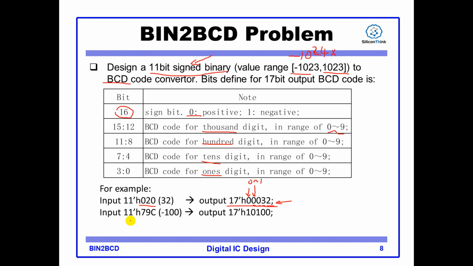And for this example, 11-bit in hex format 79C, that is -100 in decimal, and the output is the sign bit and the decimal digits for each. Well, this is the function of the problem.